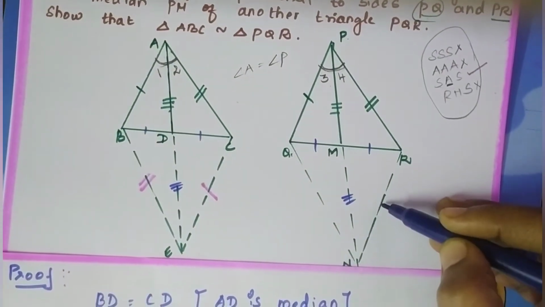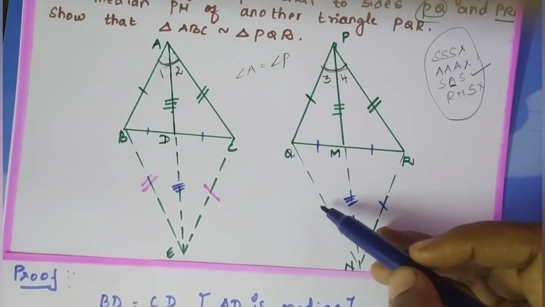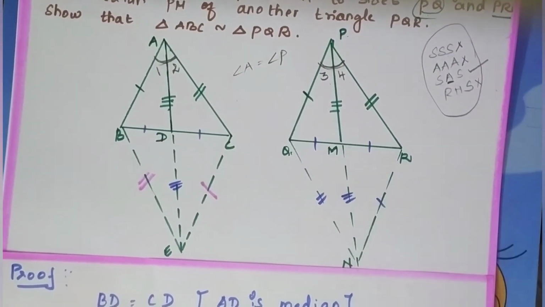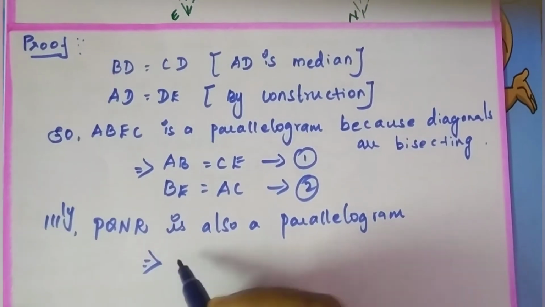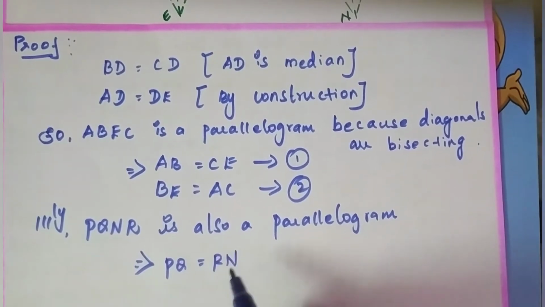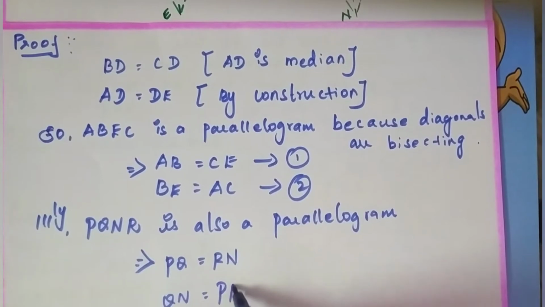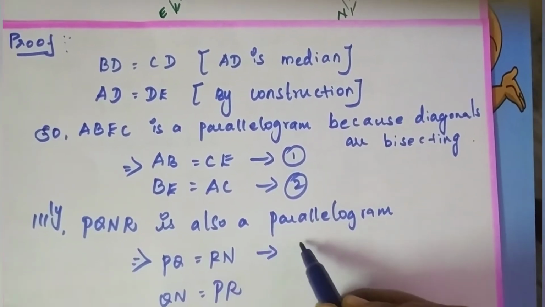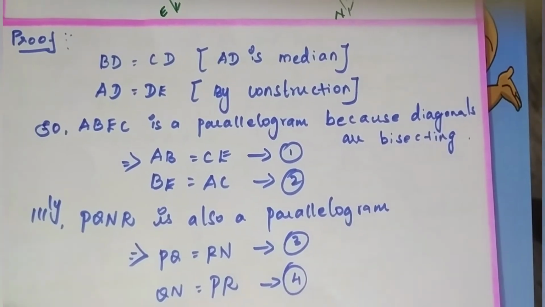PQ is equal to NR and PR is equal to QN. The opposite sides are equal: PQ is equal to RN and QN is equal to PR. Mark this as equation 3 and this as equation 4.